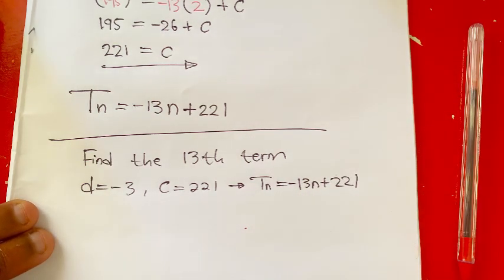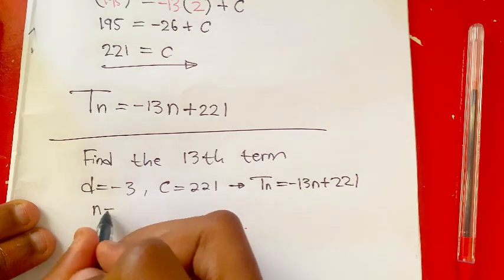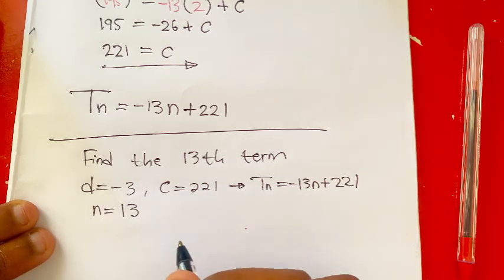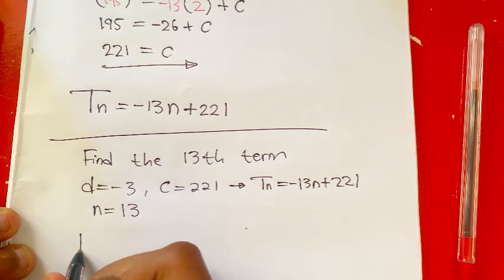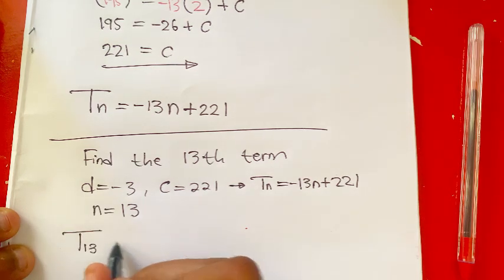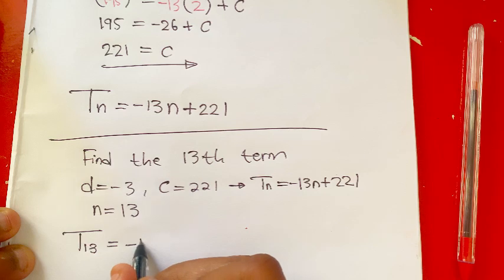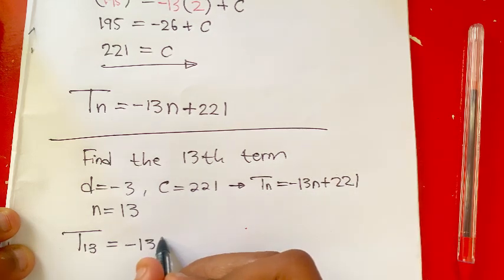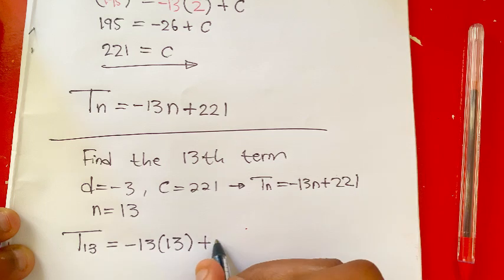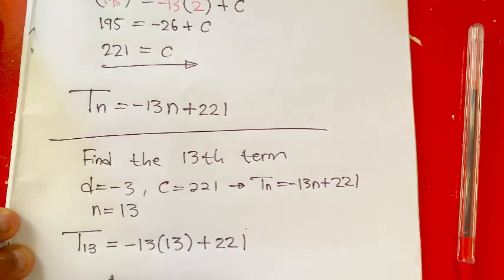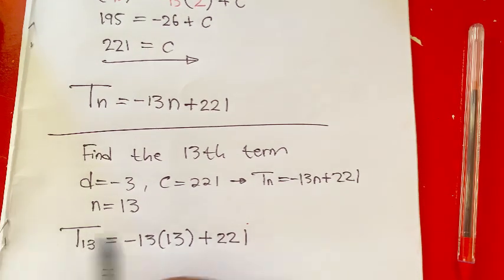So what I can do now, I am asked to find term number 13. So what I basically do now is that I want T13, using this negative 13. I know my n is 13 plus 221. Then from here, I simply solve.